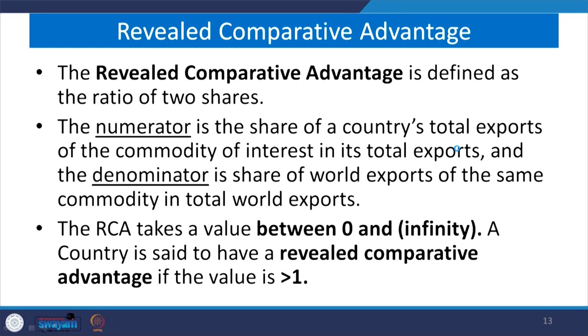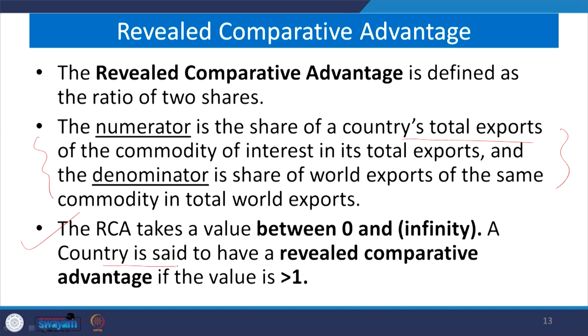The numerator is the share; I have already discussed this, so go through it carefully and you will understand in detail. One thing to be noted, RCA takes a value between 0 and infinity.